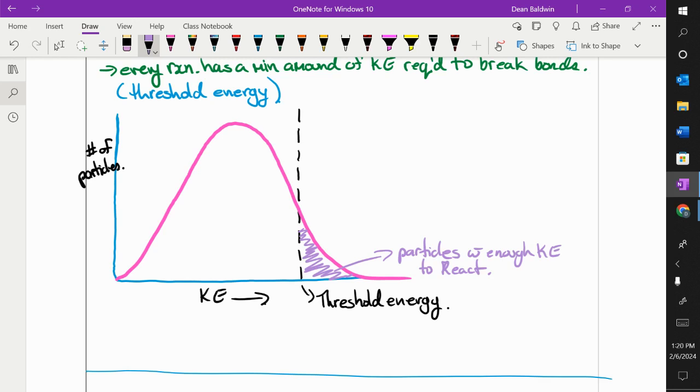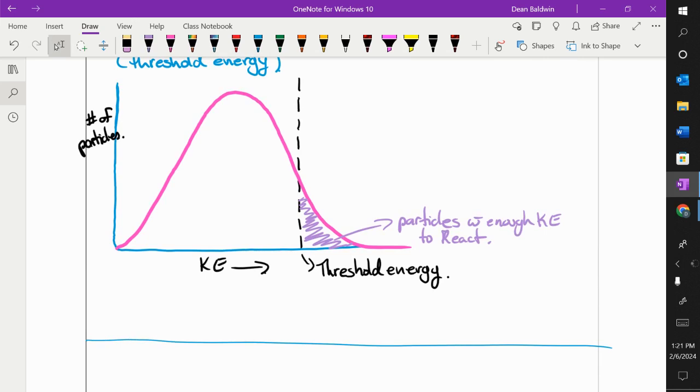Now, what if I increase the temperature like I did here? I put one of these on a hot plate, the hot one, and I increased the kinetic energy of the molecules. So what happens to this graph if I heat up the molecules? It's going to shift this way. We're not doing math, but essentially the distribution changes.